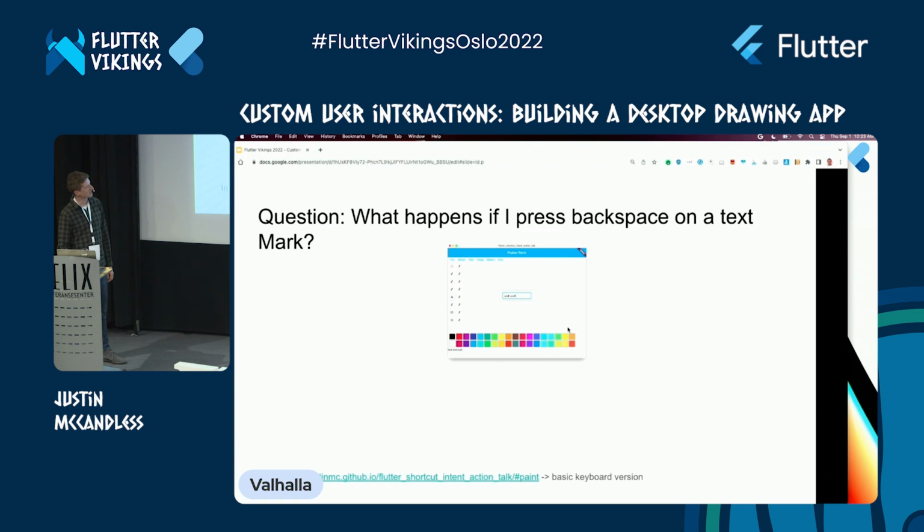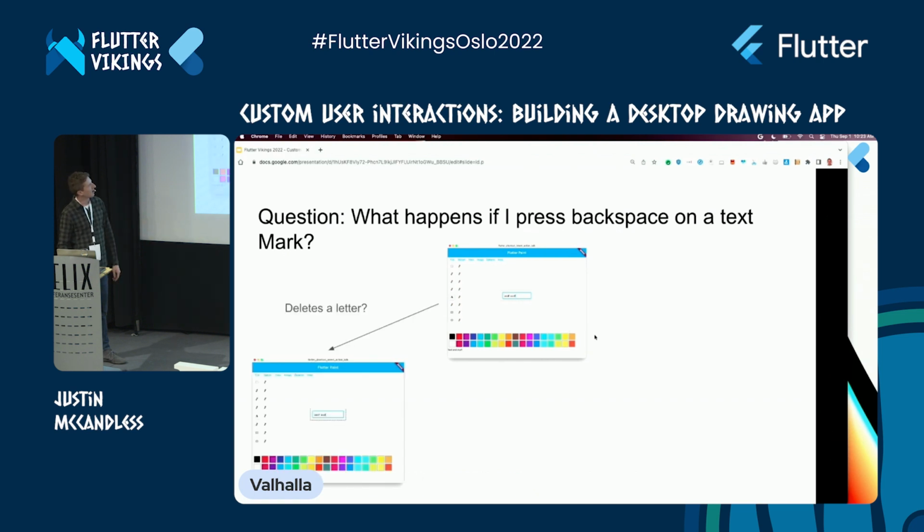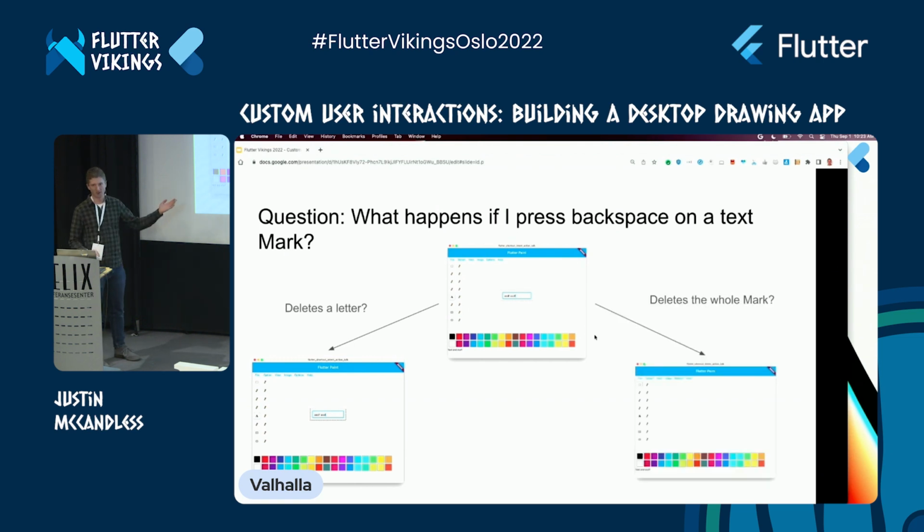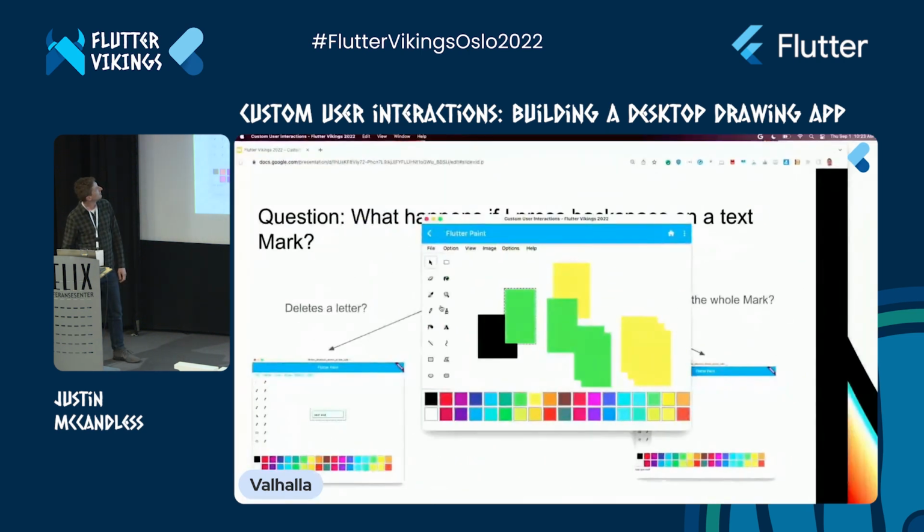So my question is, if I create a text field mark, add some text, and then focus it and press delete, what will happen? Will it delete a letter? Or will it delete the whole mark right away? Let me go ahead and get ready to try that out.